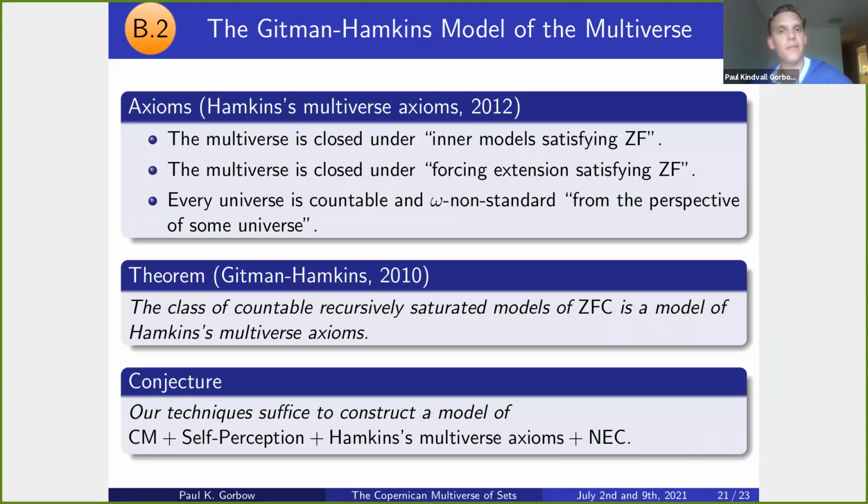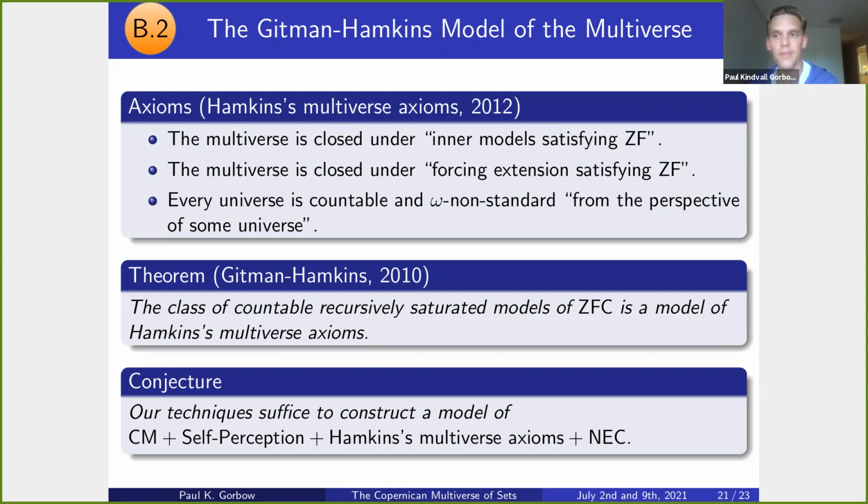So moving on then to the Gitman-Hopkins model of the multiverse. Hopkins suggested axioms for the multiverse. One is that the multiverse should be closed under inner models satisfying ZF, and that it should be closed under forcing extensions.